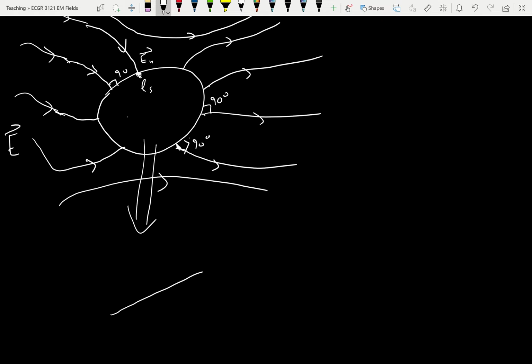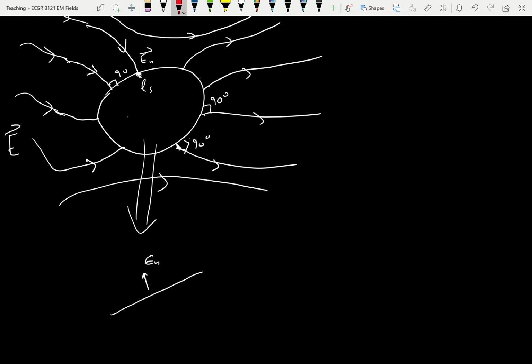We said there is only a normal component of the field. Let me take the normal component of the field just above the surface. Because we are zooming in so much, this normal component is going to be about the same as the field that exists on the surface. And we can use Gauss's law.